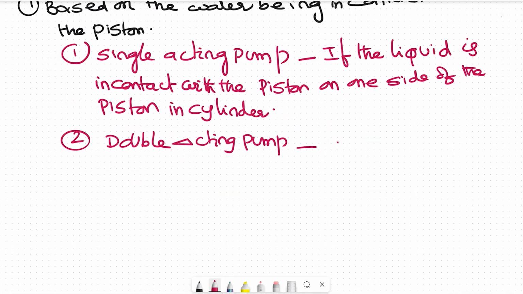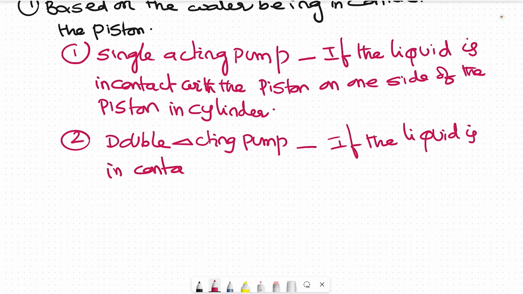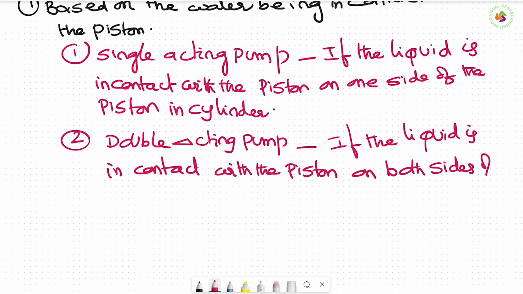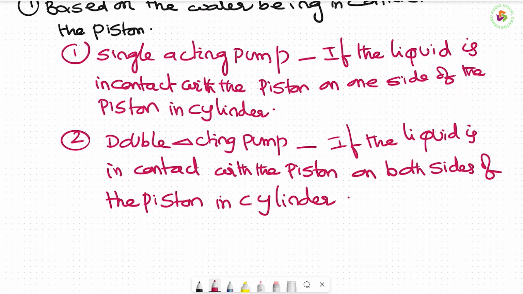In the double acting pump, the liquid is in contact with the piston on both sides of the piston in the cylinder.